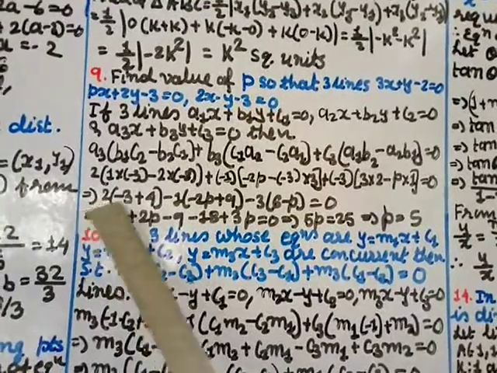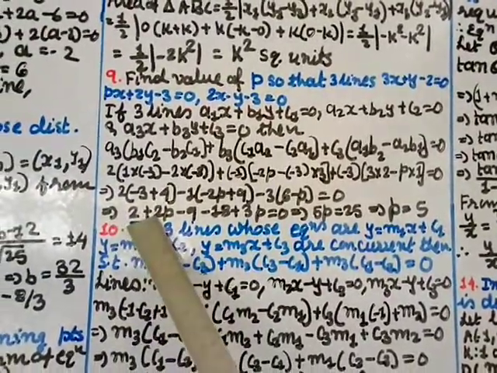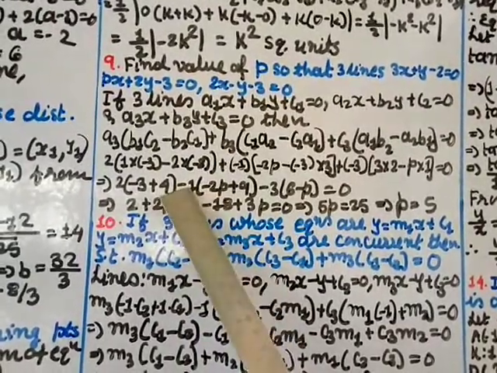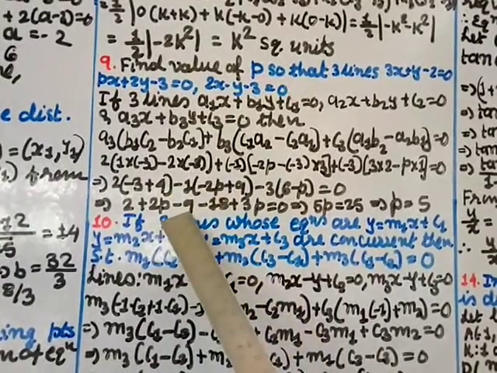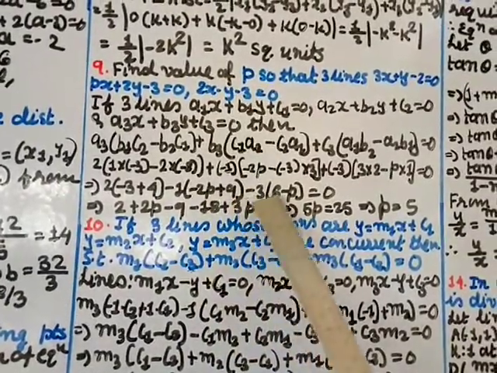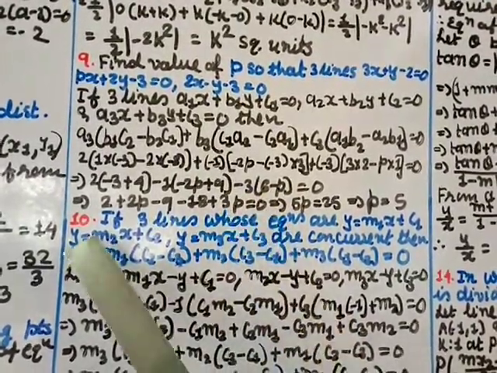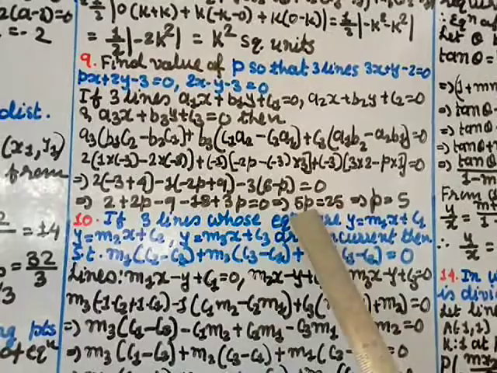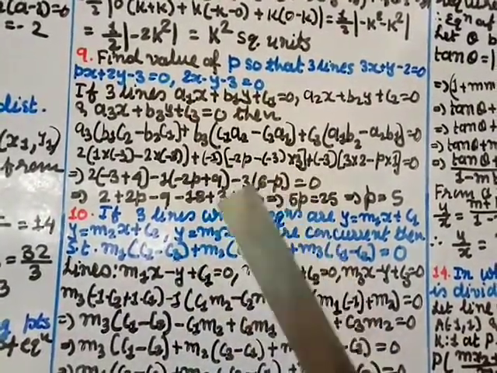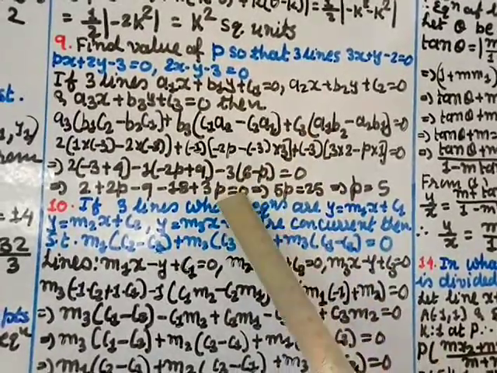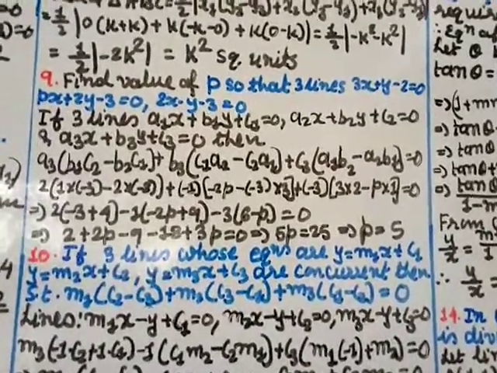So this has 2, 4 minus 3 is plus 1, so 2 into 1 is 2, plus, I am multiplying here, minus 1 into minus 2p is plus 2p, minus 1 into plus 9 is minus 9, these also multiply, so minus 3 into 6 is minus 18, minus, minus plus 3 into p is 3p. This gives you 2p plus 3p is 5p, 2 minus 9 minus 18 is minus 25. Transfer over this side, it becomes plus 25, cut by 5, so you get the p value as 5. So that is the value of p.